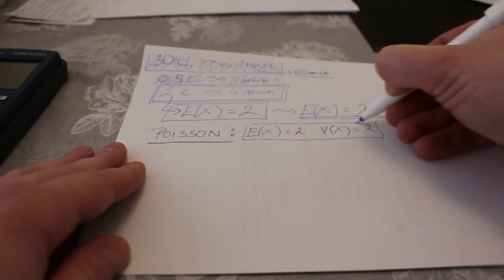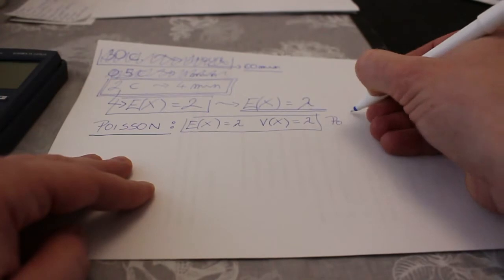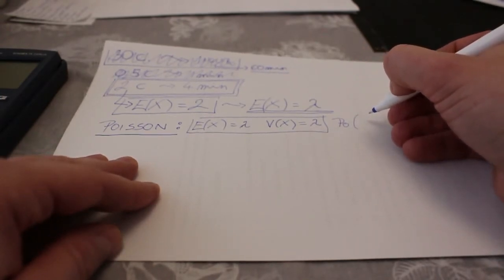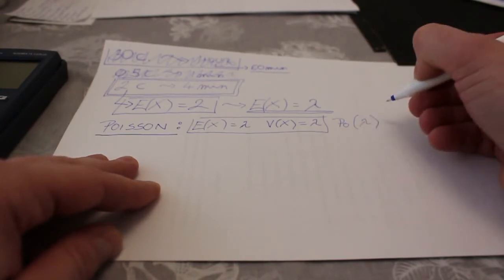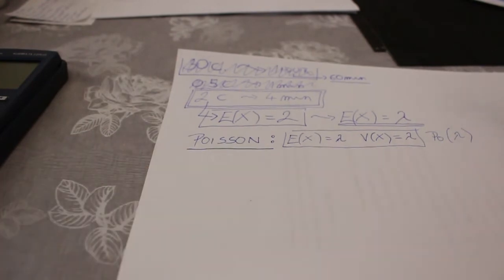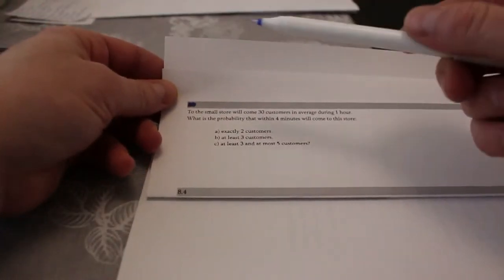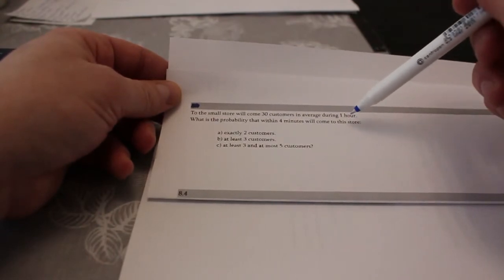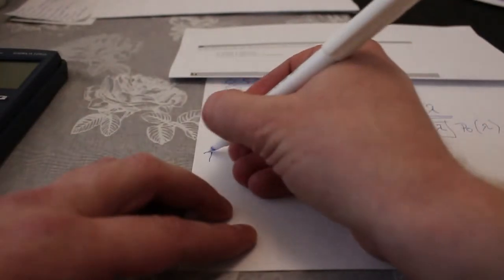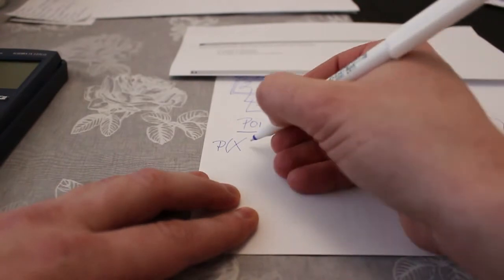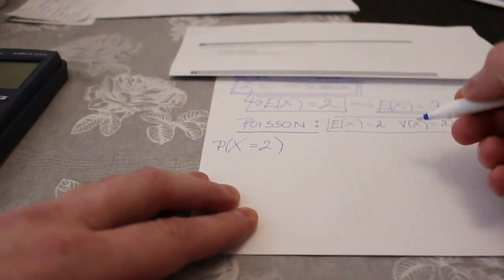So the Poisson distribution uses only 1 parameter lambda, and we know this parameter. So we can solve everything, because we would like to calculate the probability that within 4 minutes exactly 2 customers will come to this store. I would like to calculate the probability that random variable X will be equal to 2.